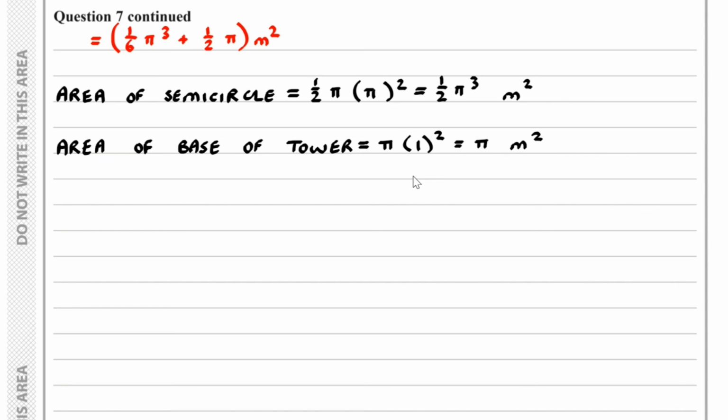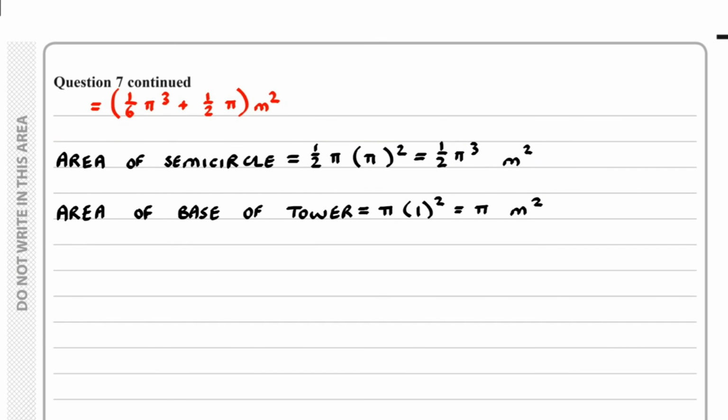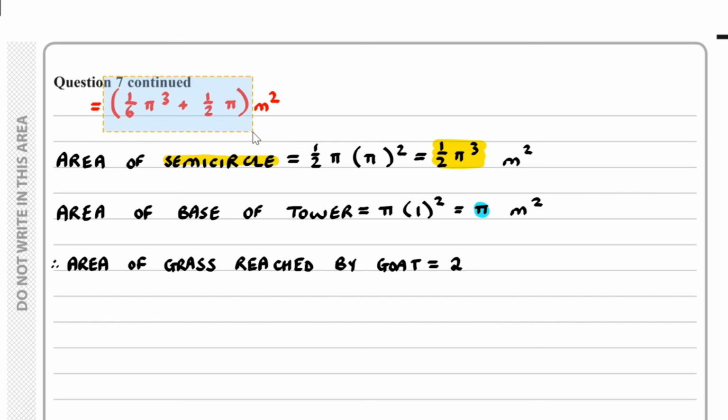And so the area of the grass, which is what we need, the area of the grass reached by the goat, well, first of all, we've got the area of the semicircle, which was a half pi cubed. Then we've got the area of the base of the tower, which was pi. We've got two lots of this result here.